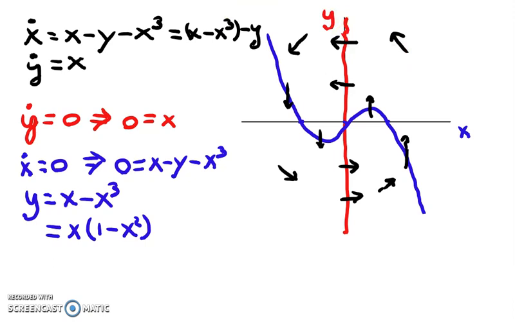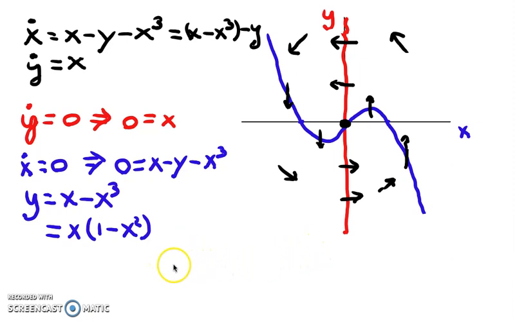Now, what else can we do? How many steady states does this problem have? Well, a steady state is someplace in the plane where the rate of change of x is 0 and the rate of change of y is 0. That means a steady state has to be located on both null lines, and I see only one intersection of these two null lines, so the origin is evidently a steady state.